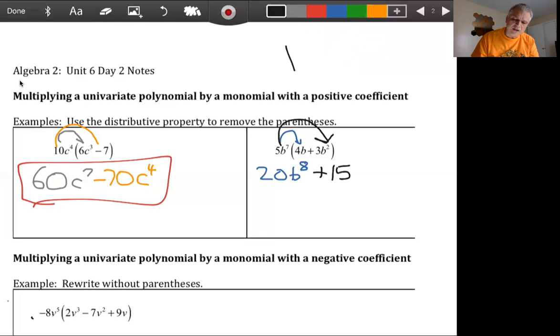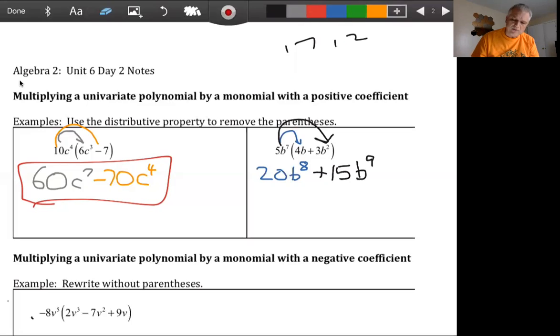And now it's b to the 7th times b squared. Same base, so we add the exponents. When the terms are multiplied and they're the same base, we just add 7 and 2. So this is b to the 9th power.